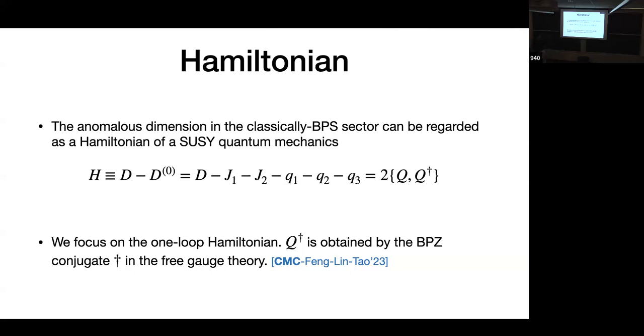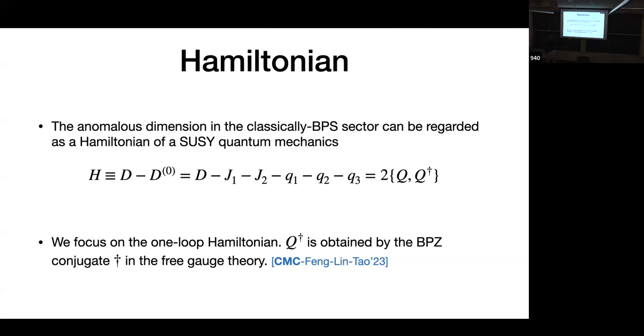We will focus on the one loop Hamiltonian. In this case, because we already know how Q acts, the only thing we need to know is Q dagger, and Q and Q dagger are related by the BPZ conjugate.